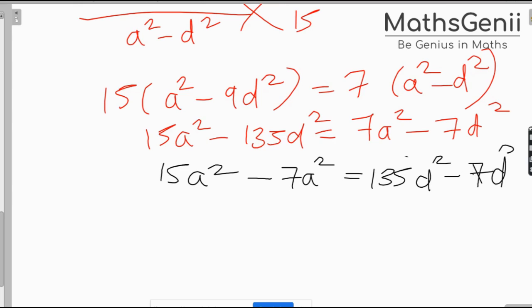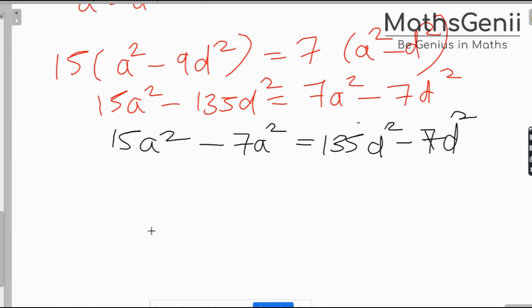You cannot add a square with d square. You have to add a square with a square only. So 15 minus 7 is equal to 135 minus 7. So you have 8a square is equal to 128d square.